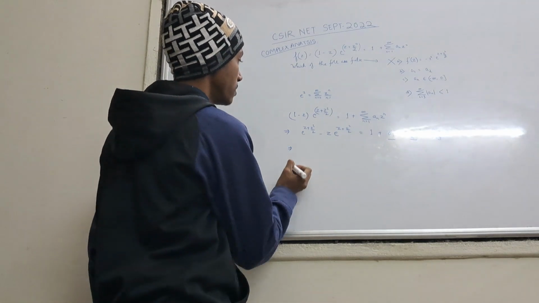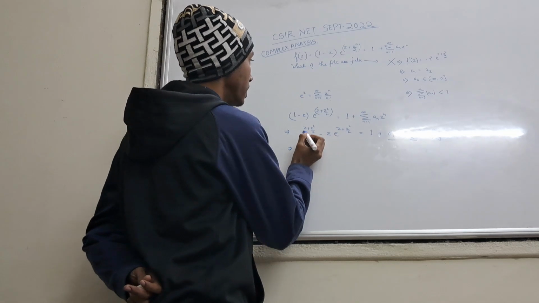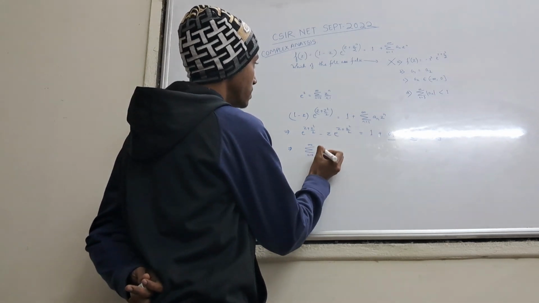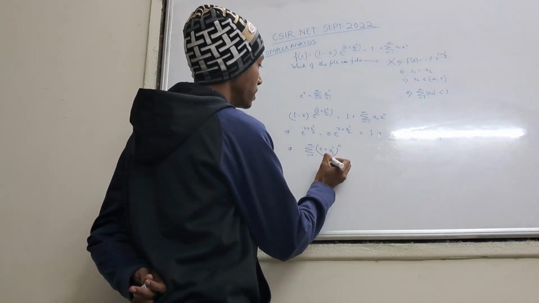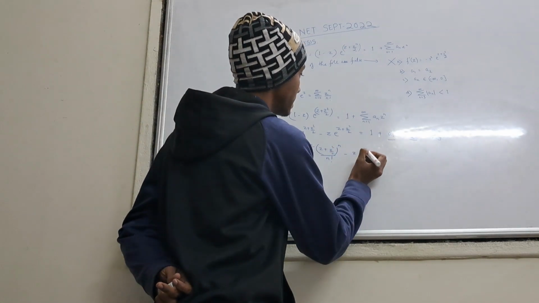So what is it? It is nothing but summation n goes from 0 to infinity of z plus z square by 2 whole to the power n by n factorial, minus z as it is.